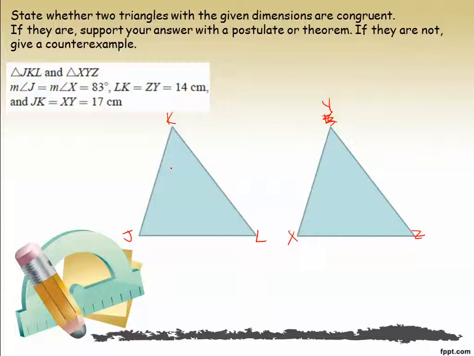It says the measure of J and X are 83 degrees. LK and ZY are both 14 centimeters, and JK and XY are both 17 centimeters.